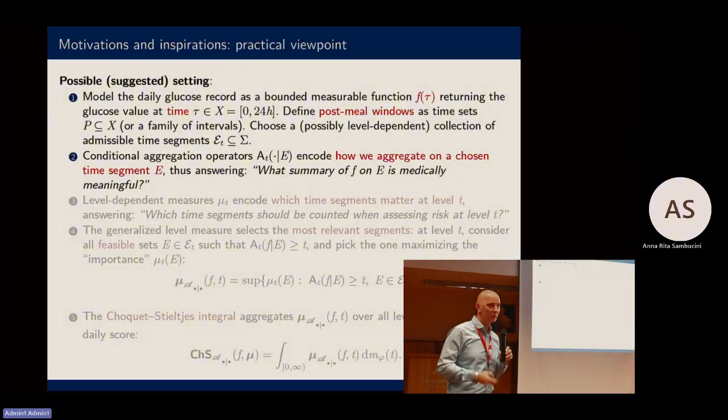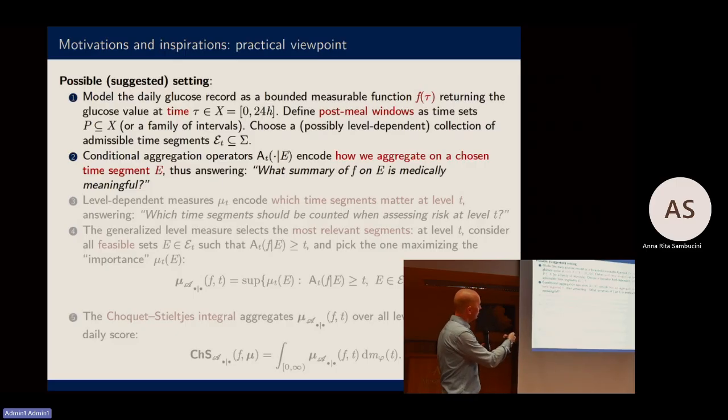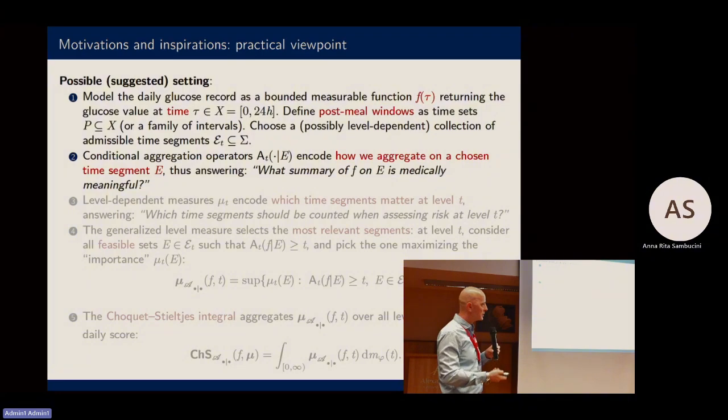The conditional aggregation operator is an object I will explain later. This aggregation operator encodes how we aggregate on a chosen time segment. So we have an answer to the question, what summary of f, of this glucose record, on set E is medically meaningful?